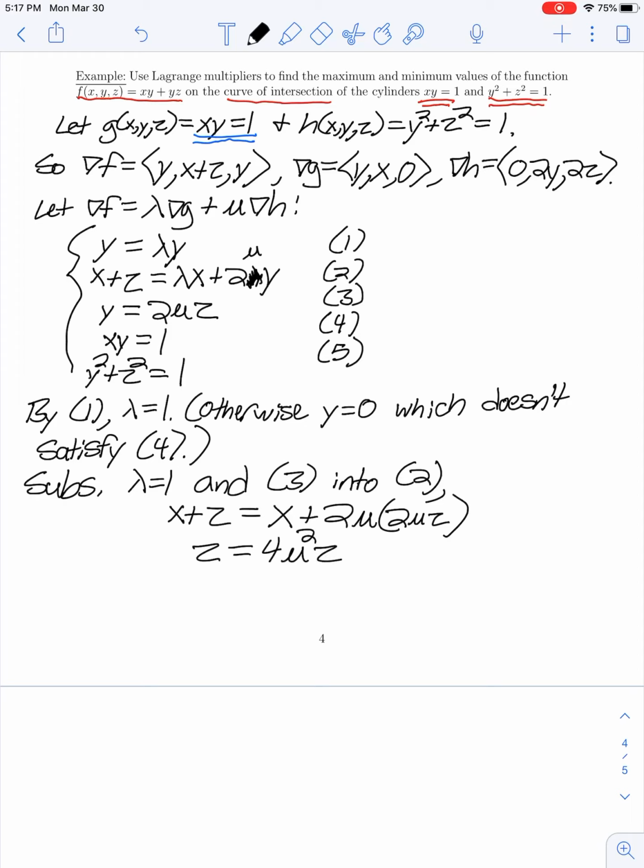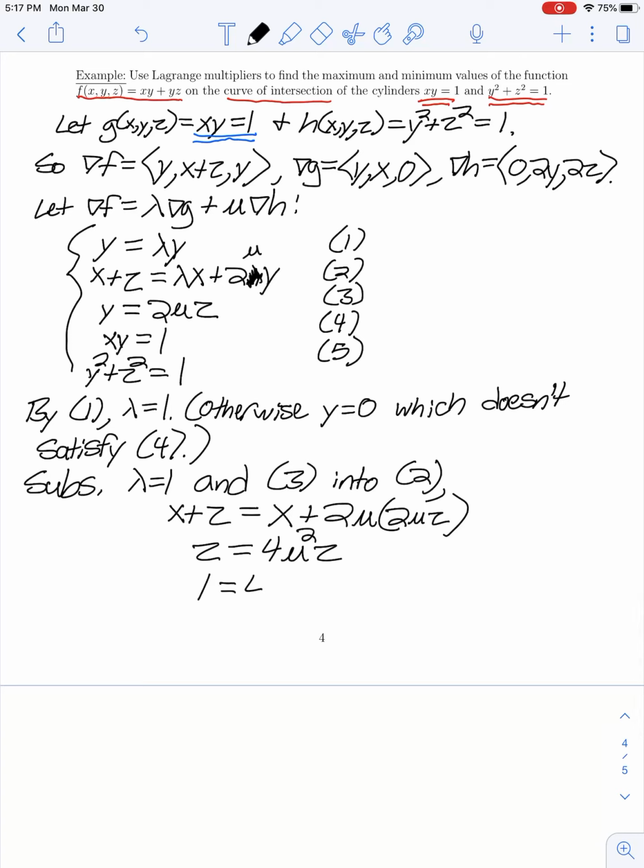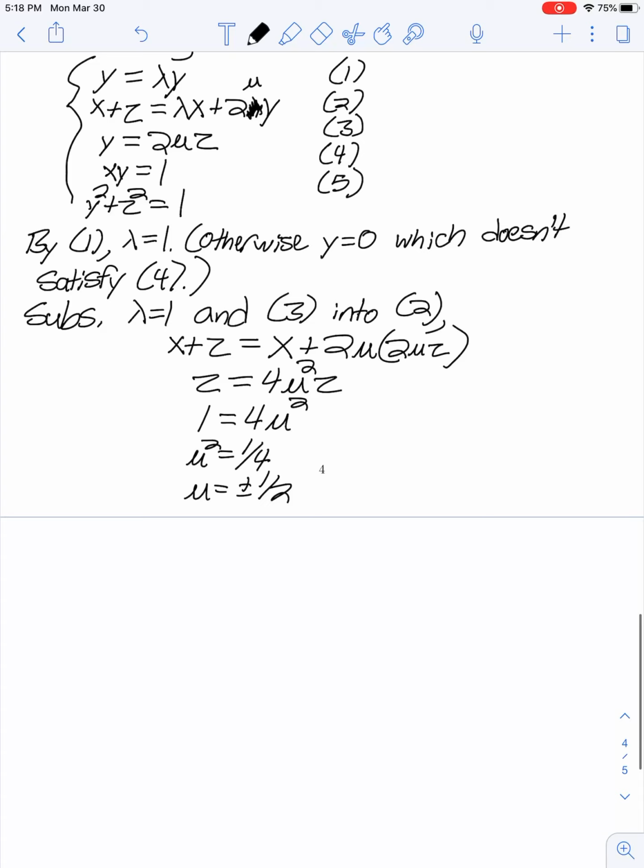So we're left with, if we subtract an x from both sides, z is equal to 4 mu squared times z. Now we can divide through by z, and we have 1 is equal to 4 mu squared. So mu squared is 1/4, and mu is then plus or minus 1/2.